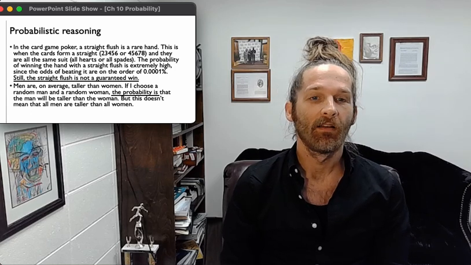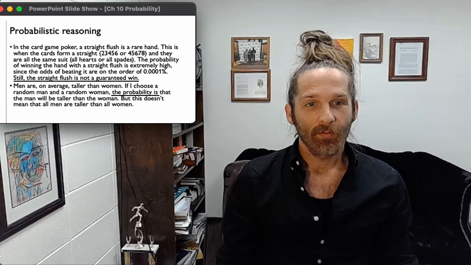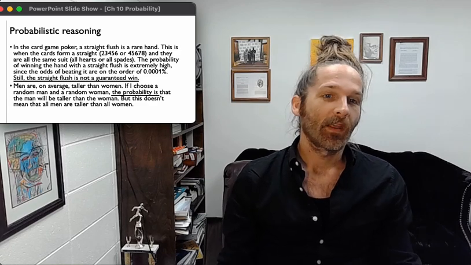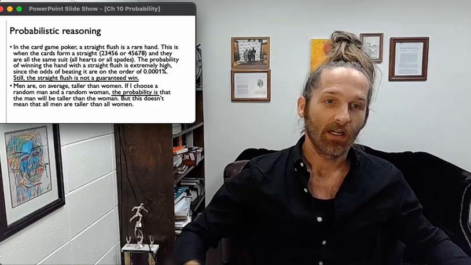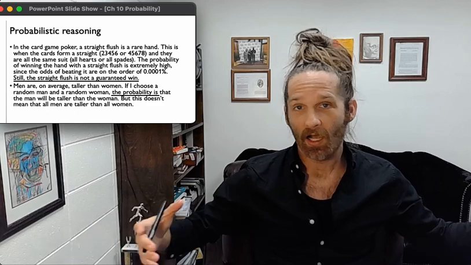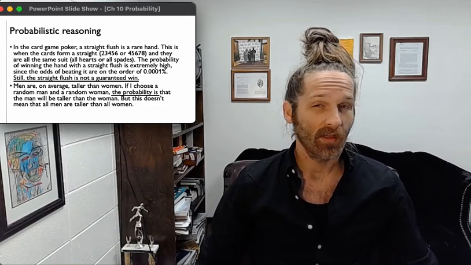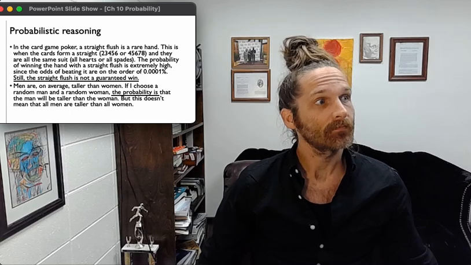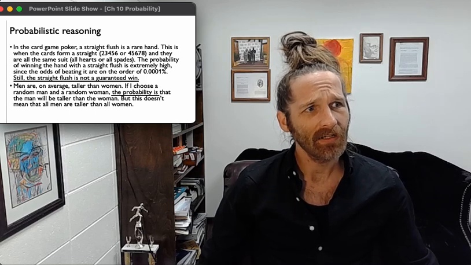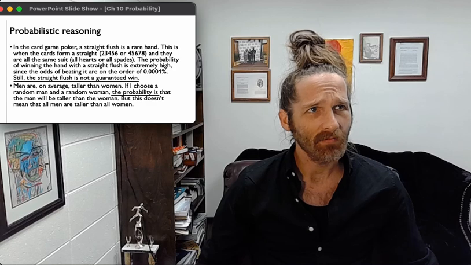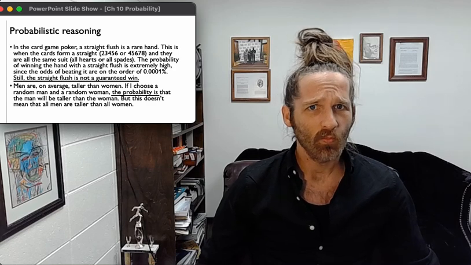To give an example that I'm sure you're all more familiar with, we can say that men are, on average, across the entire world, taller than women. And so the average height of men is taller than the average height of women. But that doesn't mean that any man chosen at random will be taller than any woman chosen at random.